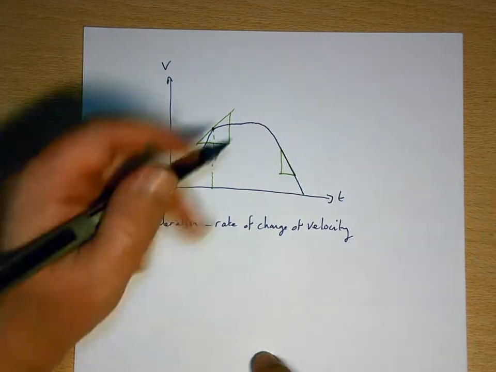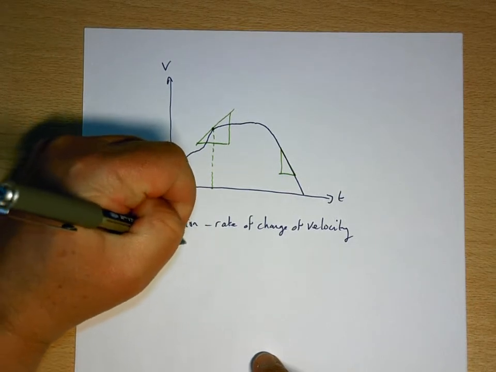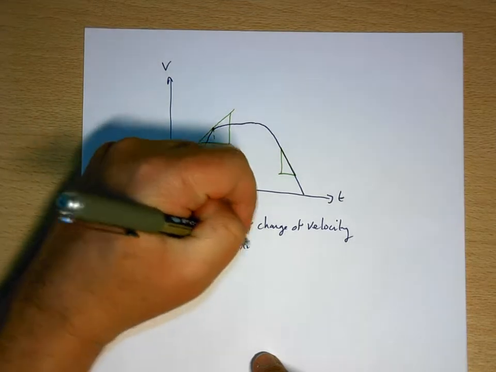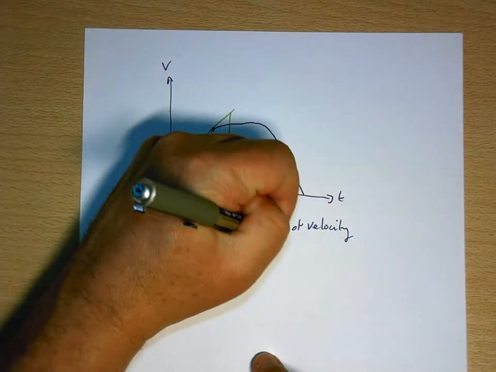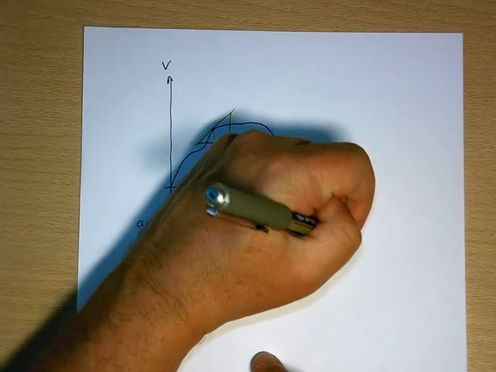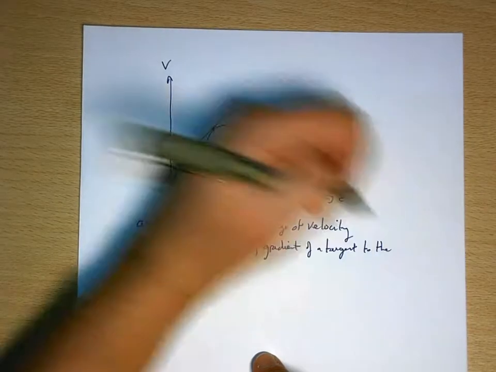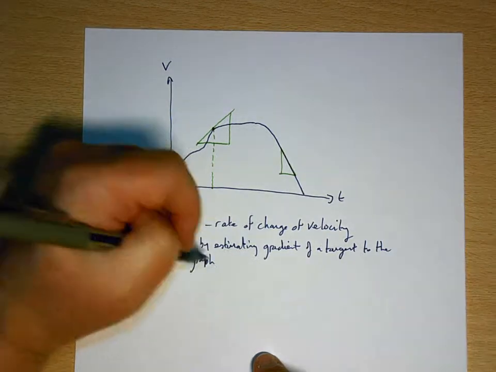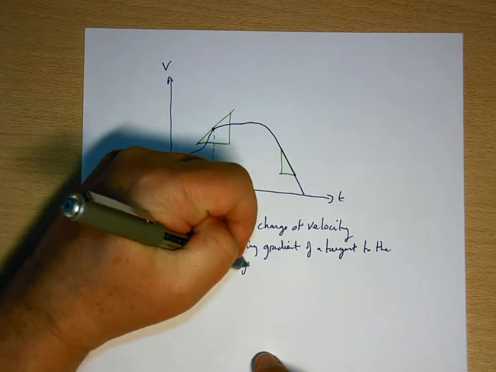So the acceleration is the rate of change of velocity, and it's found by estimating the gradient of a tangent to the graph at a given time.